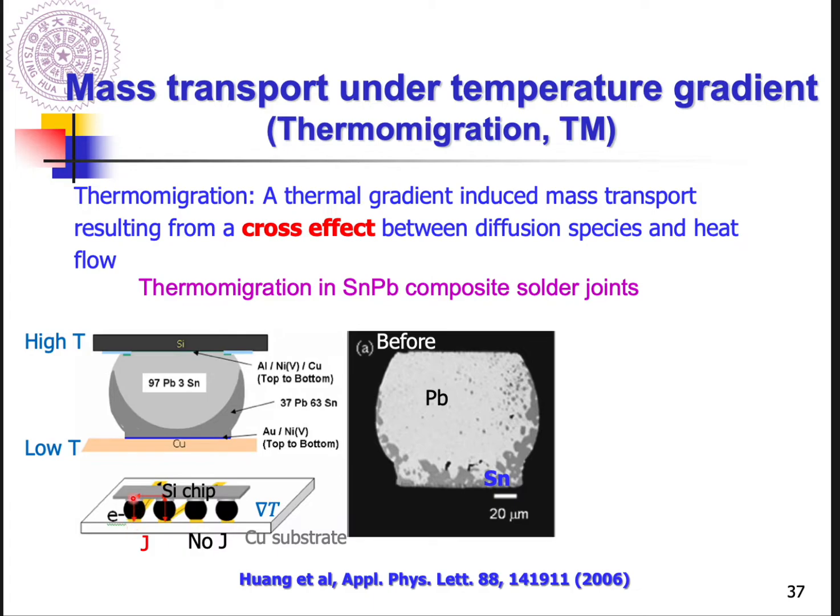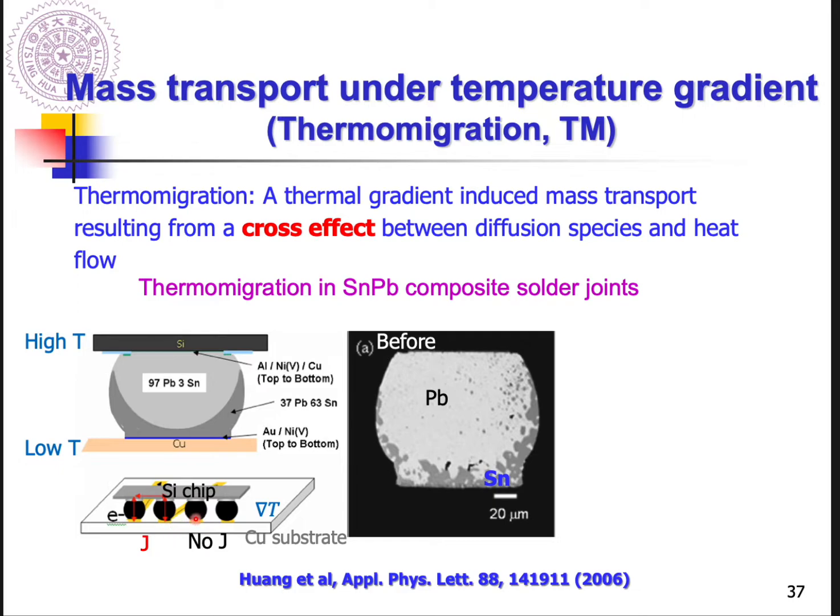So the red represents, usually in order to drive the transistor or electron device on the silicon chip, we will apply a current passing through this solder bump to arrive at the microelectronics, then lead the electrons out back to the copper substrate.